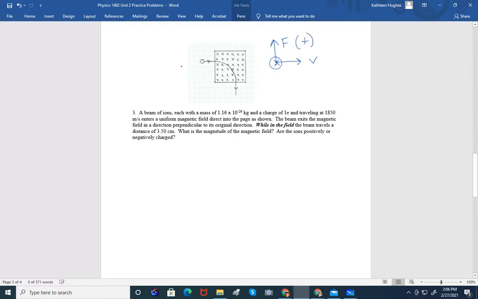But clearly in this picture, this particle that enters right here, traveling this way, has a force that's pushing it down. So the answer to the charge question is they must be negatively charged.